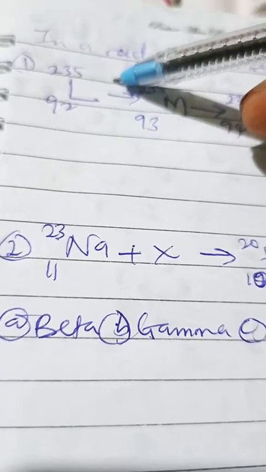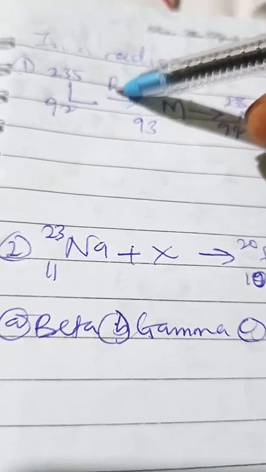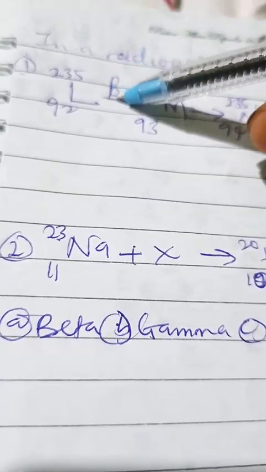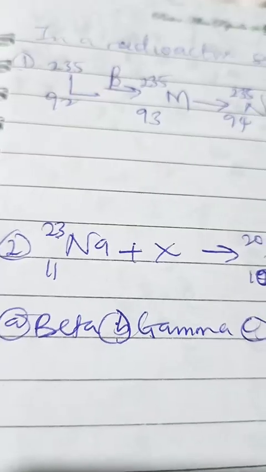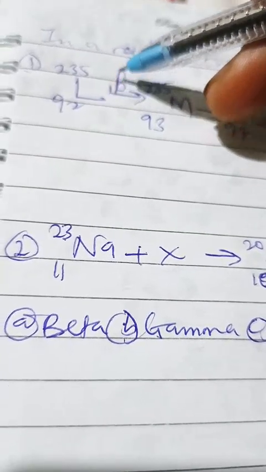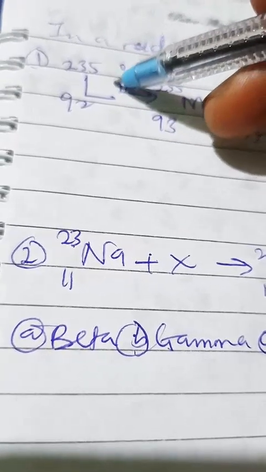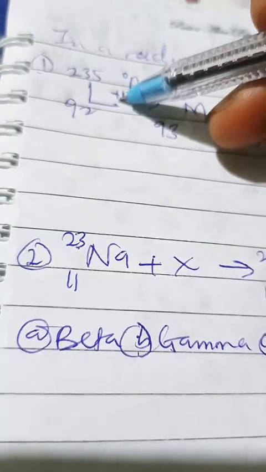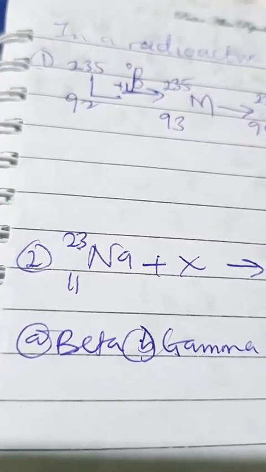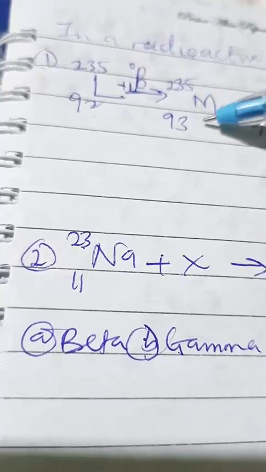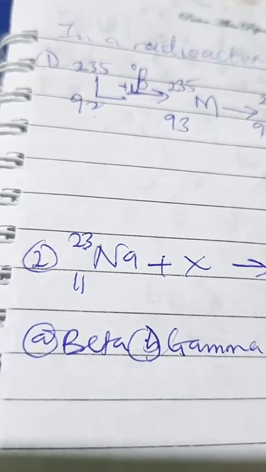Okay, so what kind of particle is that? That is beta particle, and that is the positron beta particle. So it's plus 1 down, 0 up. If I add the 1 to 92, it gives me 93. 0 to 235, 235.